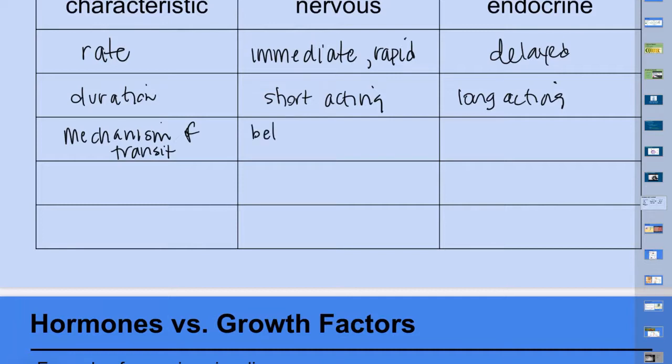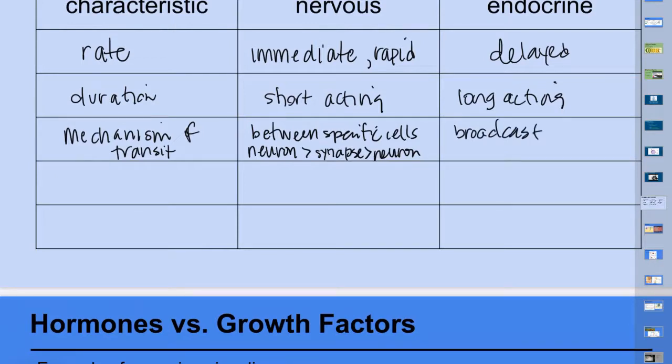The way the signal is delivered is different as well. We can call it the mechanism of transit: how does the signal get to different places? In the nervous system, it's between specific cells. Those cells are a neuron, then there's a space we call a synapse, and then there's another neuron. So two specific cells pass a particular signal.